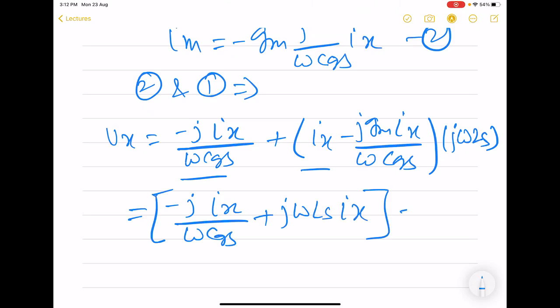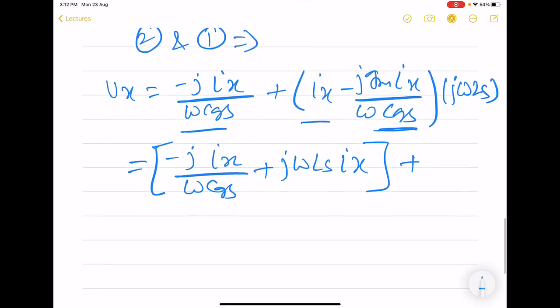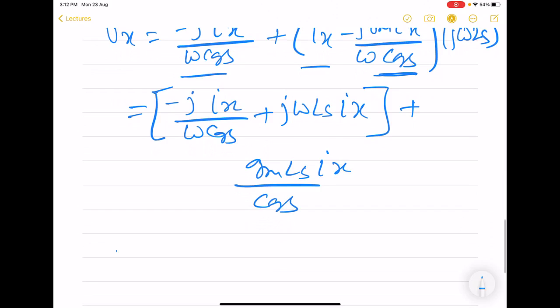So these two are the imaginary part, and the third term gives rise to the real part, which is gm Ls Ix by CGS. And we see that Ix is present in all the three terms on the right hand side.